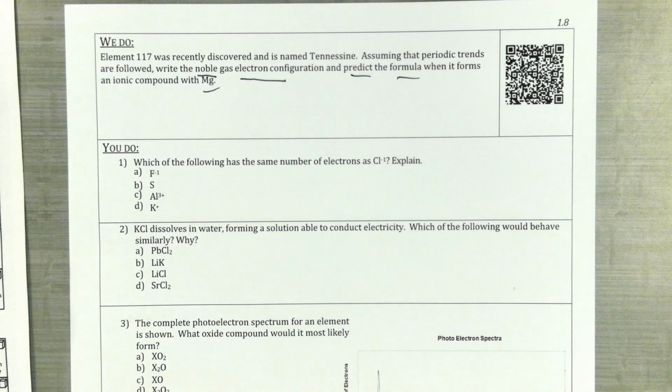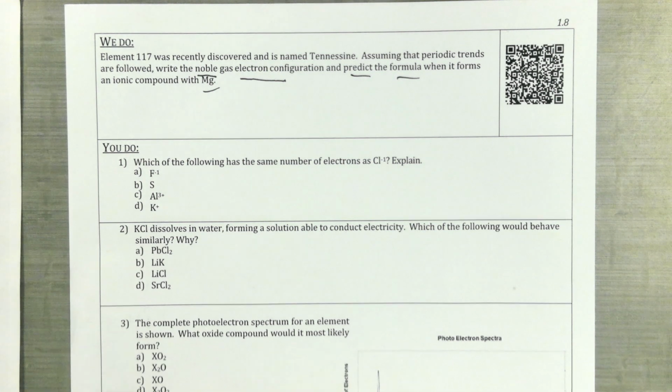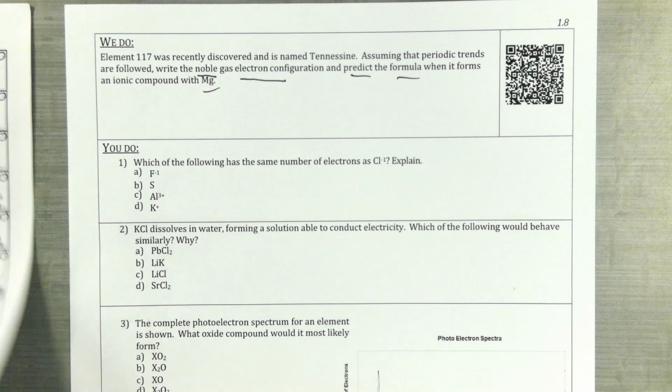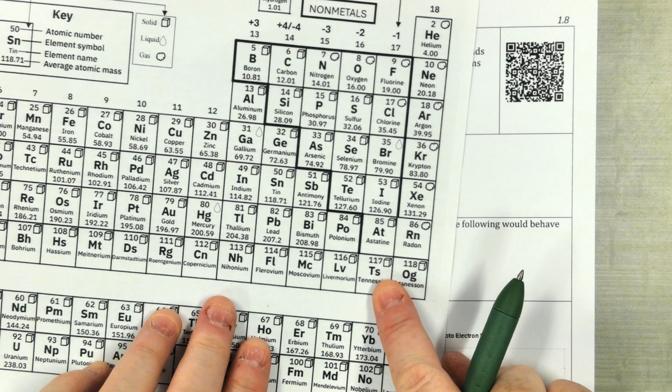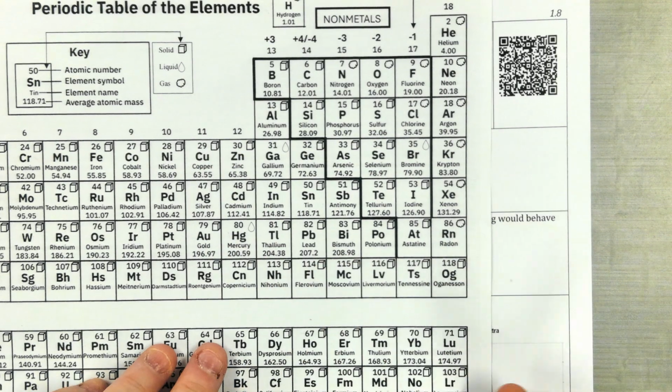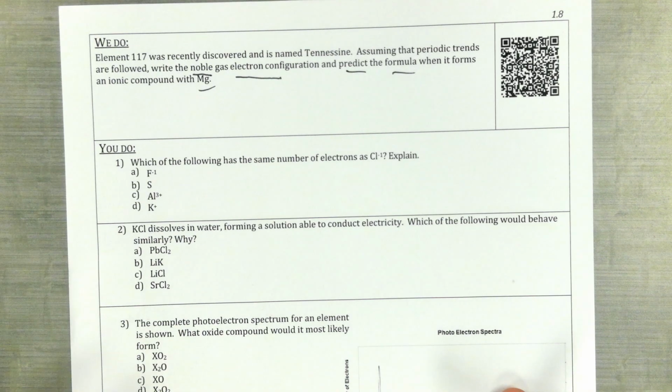All right, so have a periodic table out and find Tennessine. You're going to find that it is all the way down and all the way to the right of the periodic table, and that's why we're going to do the noble gas configuration, because it is way down there. That would be a lot of numbers to get through.